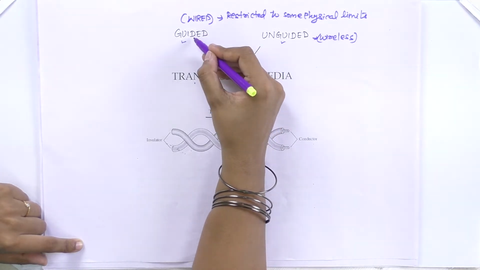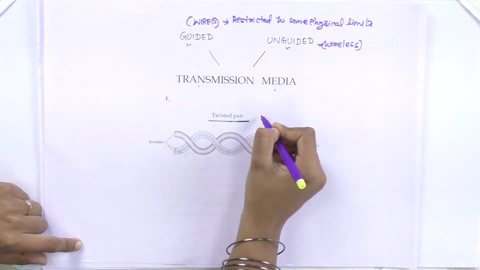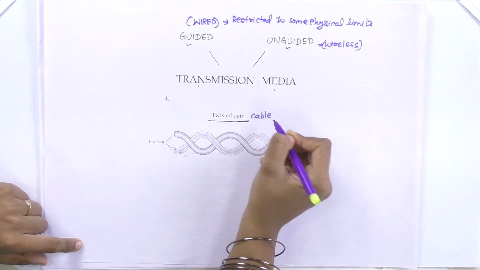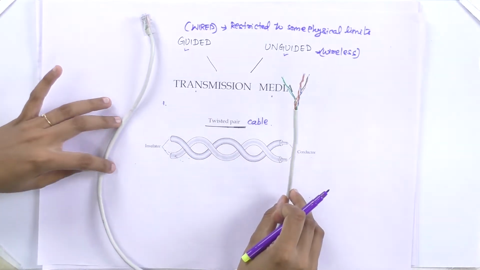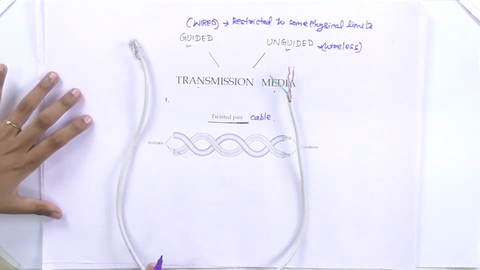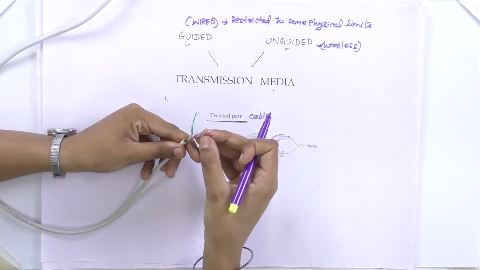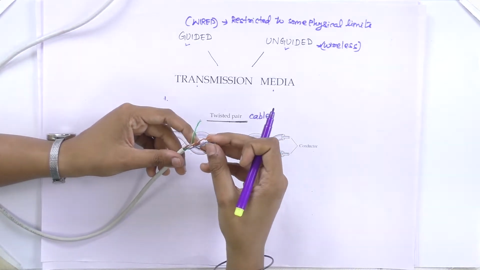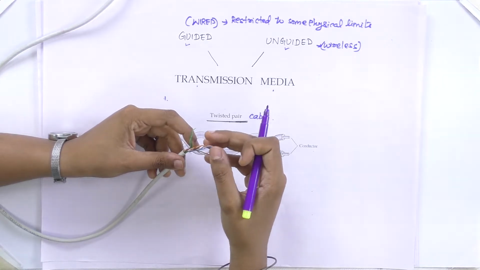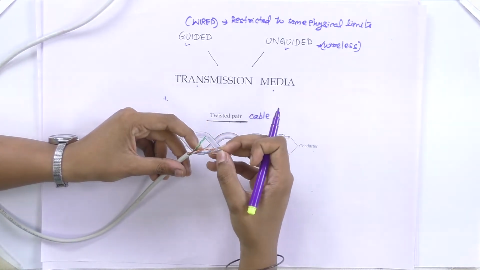In this guided transmission medium, the first one is the twisted pair cable. This is an example of a twisted pair cable, which is nothing but your LAN cable. If you see here, the wires are in twisted formats. We have a set of 4 twisted wire pairs, so this is known as a twisted pair cable.